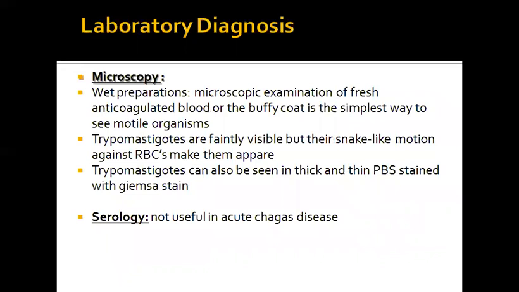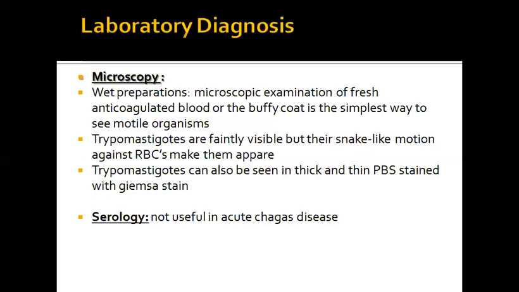Coming to the lab diagnosis of Trypanosoma cruzi, we can have microscopy and wet preparations. The microscopic examination of fresh anticoagulated blood or the buffy coat is the simplest way to see the motile parasites. The trypomastigote forms are seen.